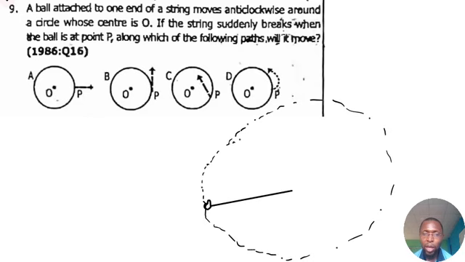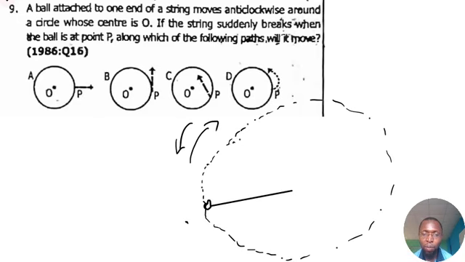If the string suddenly breaks when the ball is at point P, now maybe when the ball moves here, anticlockwise means that the ball is moving in this direction, right? This is clockwise direction, while this is anti-clockwise.